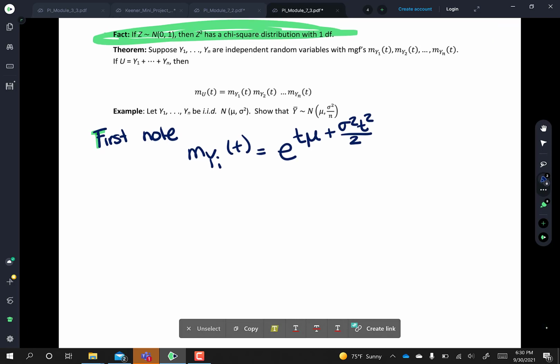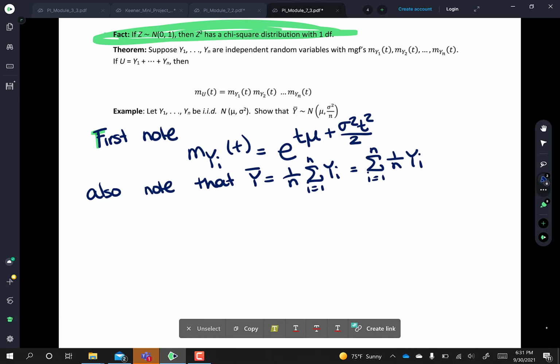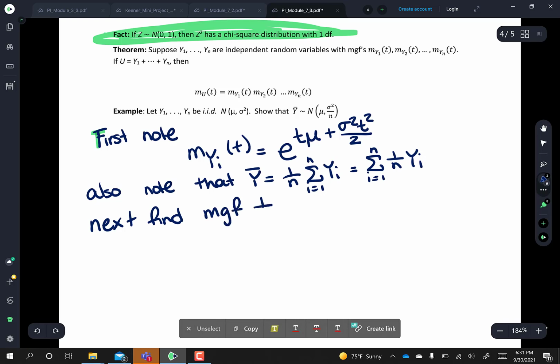And then also note that y bar, what we're interested in, is equal to 1 over n, the sum i equals 1 to n of yi, which is also equal to the sum of i equals 1 to n of 1 over n yi. So next, let's find the moment generating function of 1 over n yi.